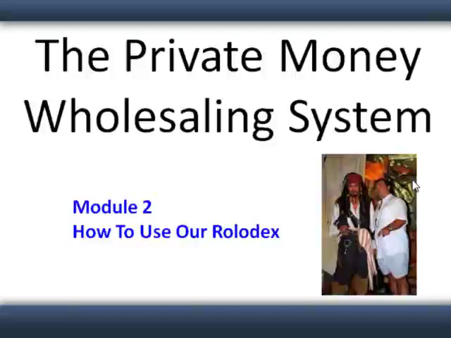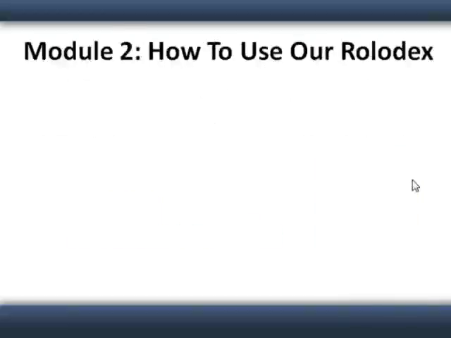And so, with no further ado, let's just jump right in. Over the next little bit, what we're going to be talking about in this module is how to use our Rolodex. And in that process, we're going to show you how to market your services. That's going to be how to dominate your market as a private money wholesaler.